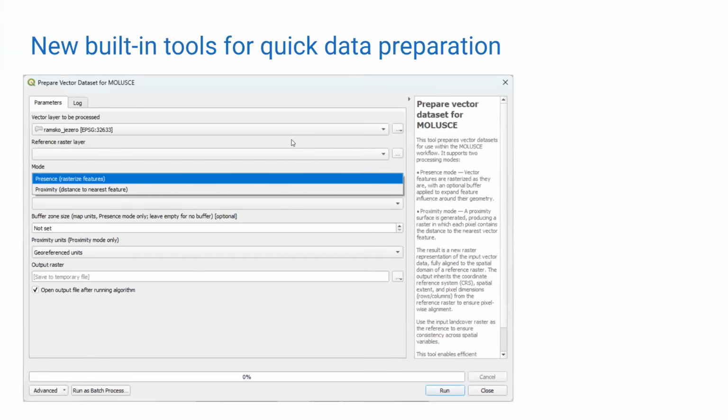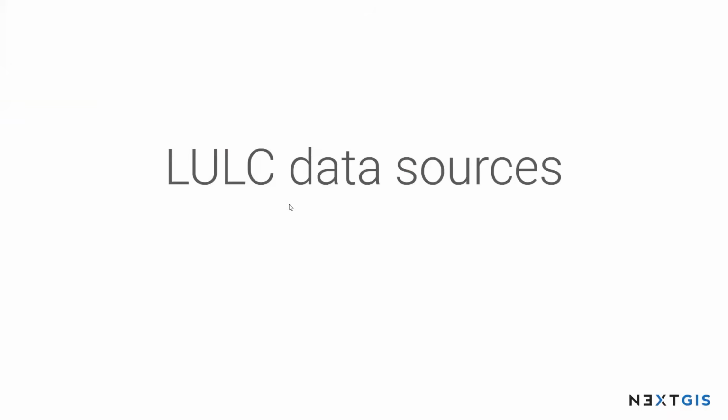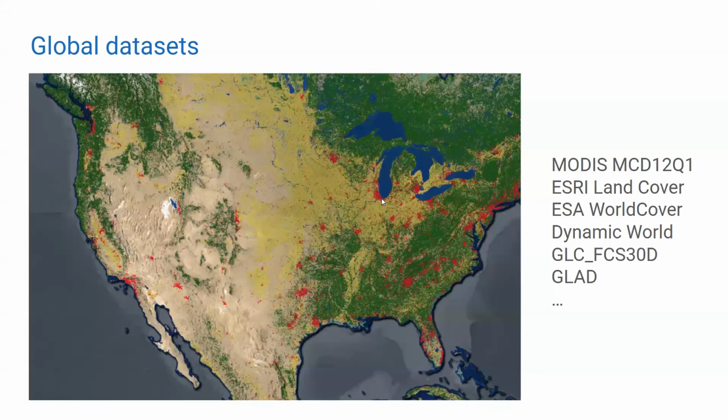Before we go, a short block regarding land use land cover datasets and their sources. I think it's relevant information here. There are several global public domain datasets, and using them, you can build an experiment like our current one very quickly.